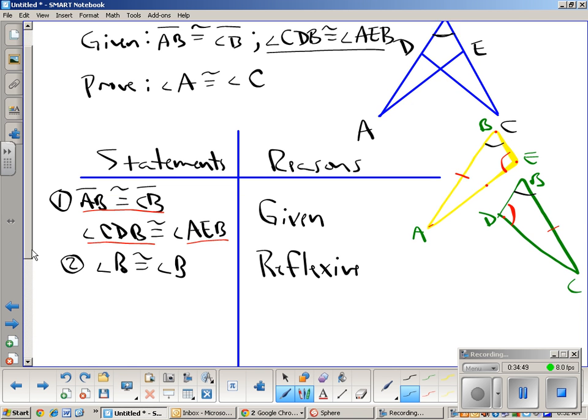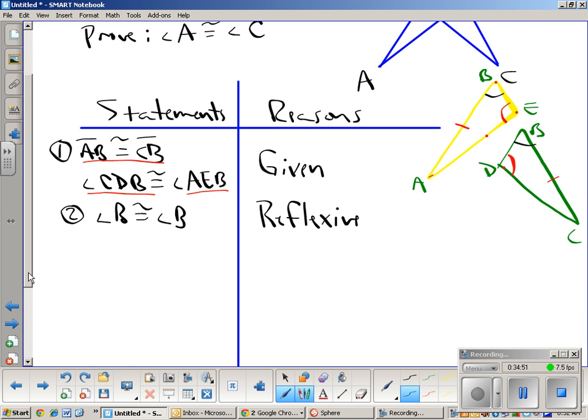So now, I know I used black there, but I should mark 2 marks, not 1, because we already have E and D marked as 1. So we're now ready to say that triangle ABE is congruent to triangle CBD because of why?